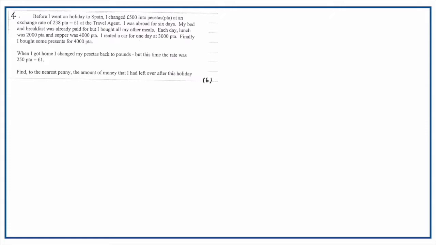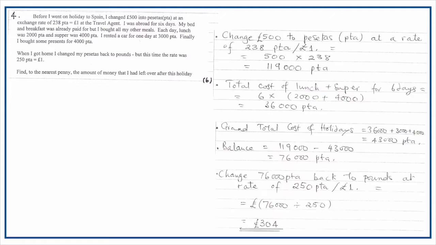When I got home, I changed my pesetas back to pounds, but this time the rate was 250 PTA per pound. Find to the nearest penny the amount of money that I had left over after this holiday. So first you change 500 pounds to pesetas at a rate of 238 PTA per pound, which is 500 times 238, giving us 119,000 PTA.